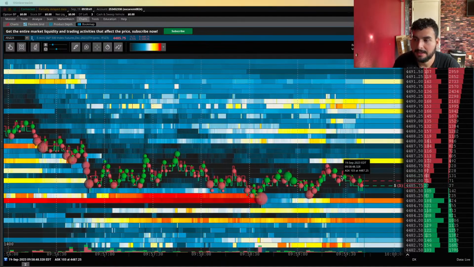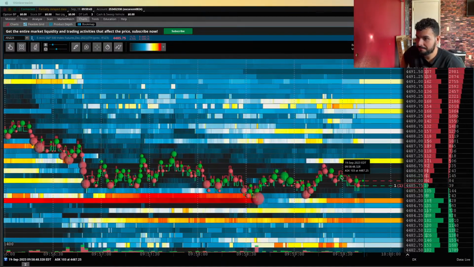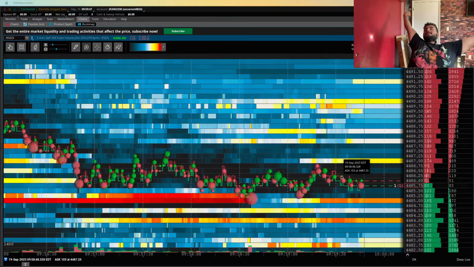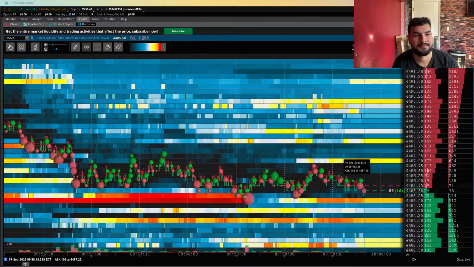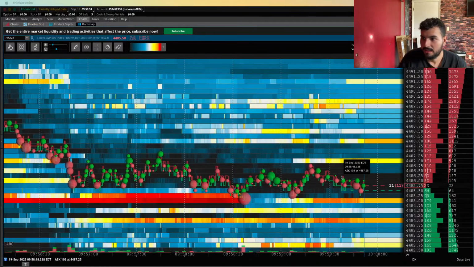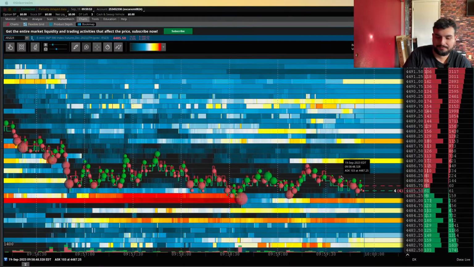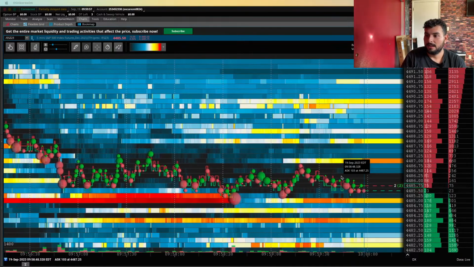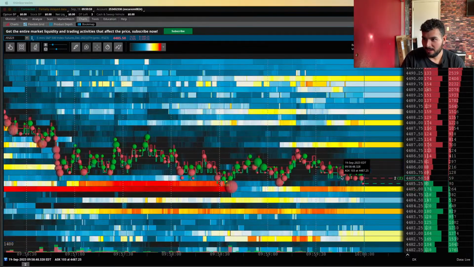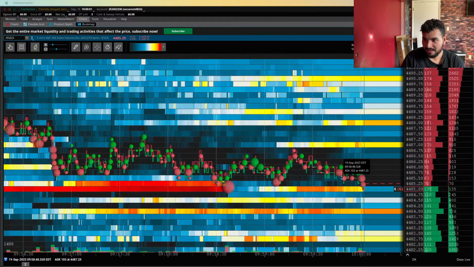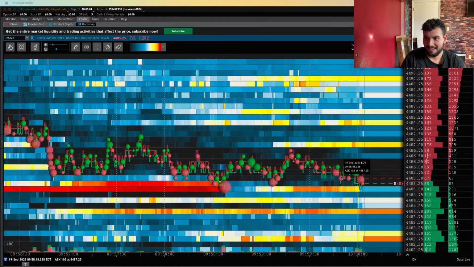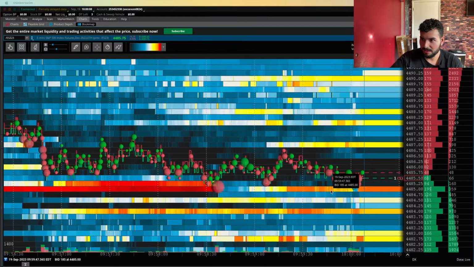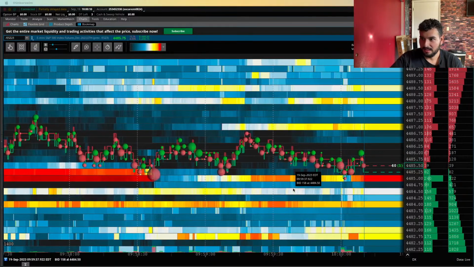Let's see what happens. 10 a.m. in a couple seconds. 10 a.m., here we come. Look at that. Start to see some increased movement.